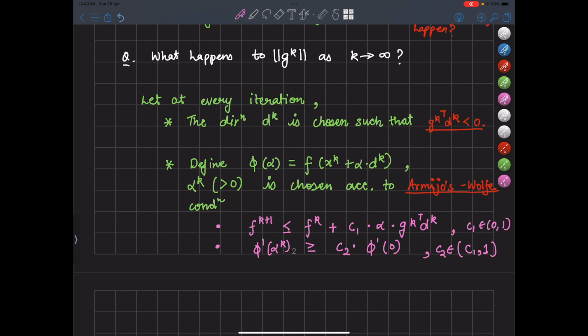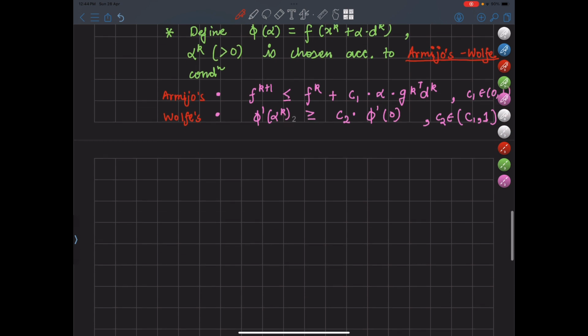Okay, so these are the Armijo and Wolfe conditions. As we studied in the last lecture, this ensures that there is significant decrement in the function value, and also that the step length is large enough. So these two conditions ensure that.